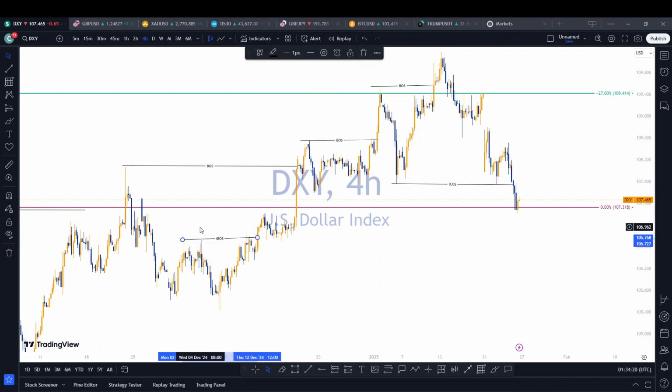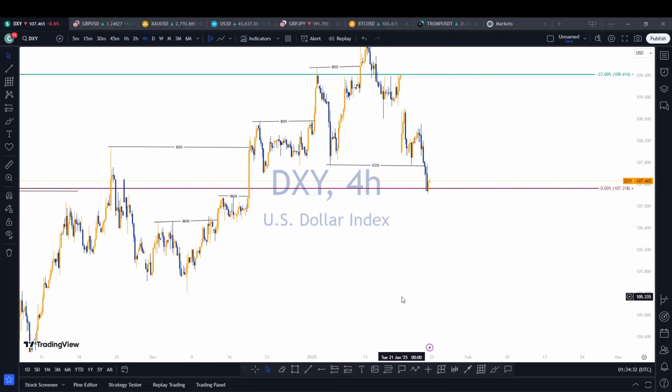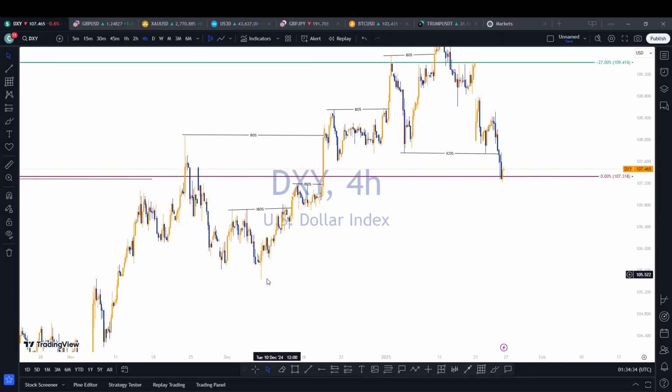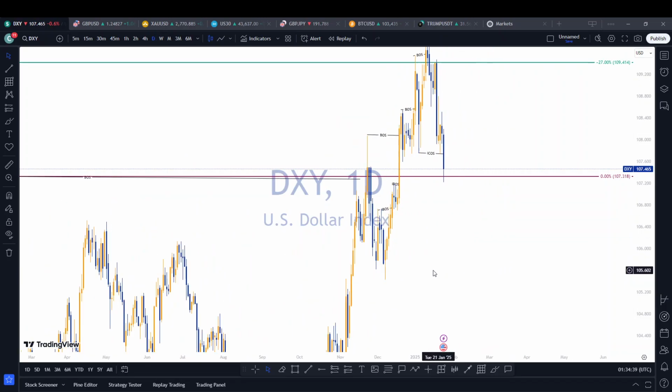Let me change that. Okay. So let's see this as well. There's also an internal change of structure. Let's just see the internal break of structure.